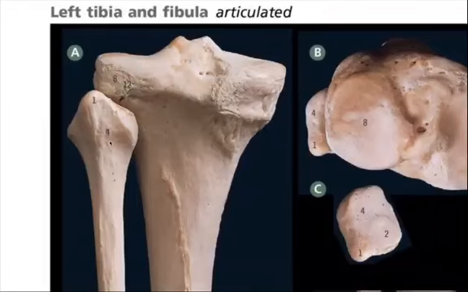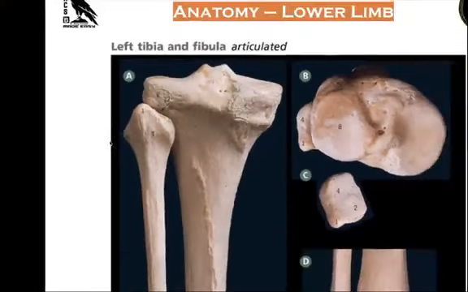Number 12 will be the superior tibiofibular joint. And what will number 1 be then? Number 1 is the styloid process of the fibula. Or you can say this is the apex of the head of the fibula. Okay.